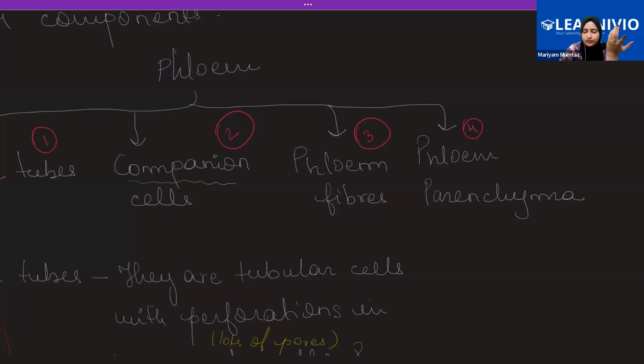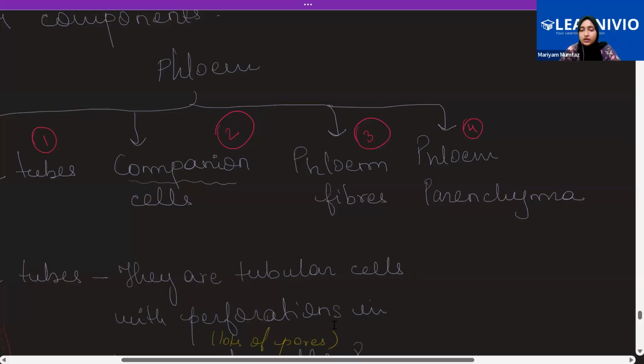Normally if we talk about the xylem, we are talking about the transportation of water, and the water can't be absorbed into the plant from anywhere other than the soil, isn't it? So the transportation of water will obviously take place from the soil to the different parts of the plant, such as the root, the leaves, the different cells of the plant.